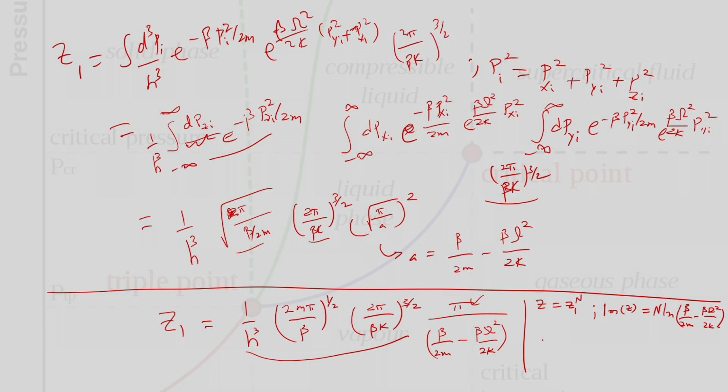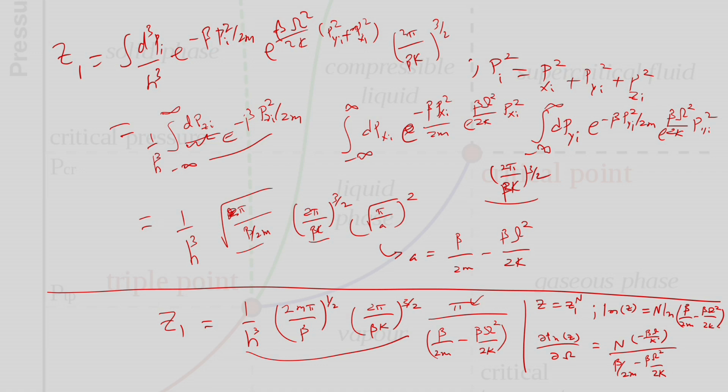Now if I take the derivative with respect to omega, I have to differentiate this and then I get minus beta omega over kappa.